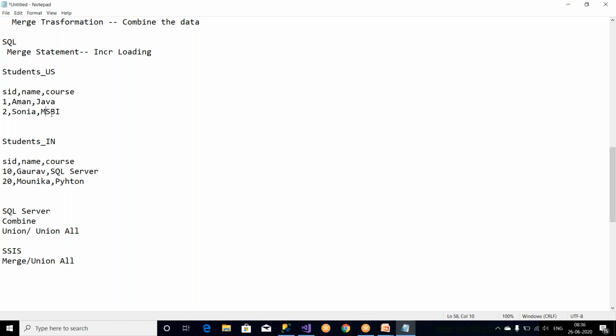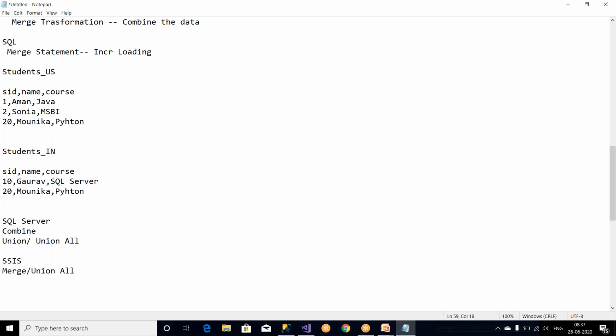If you have the same duplicate data, by default merge union all is not going to delete any duplicates. As it is, the data will get combined. You will get duplicate records. For example, the same thing is copied here as well. I have one data like this as well. So when I combine the data, I will be able to get the 5 rows here.